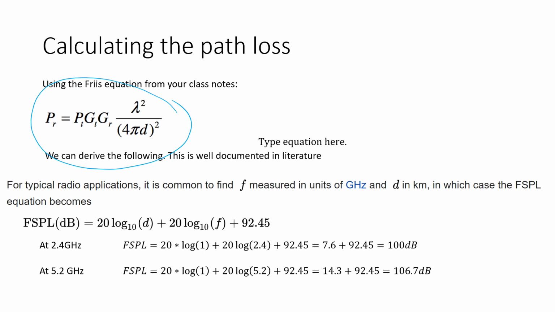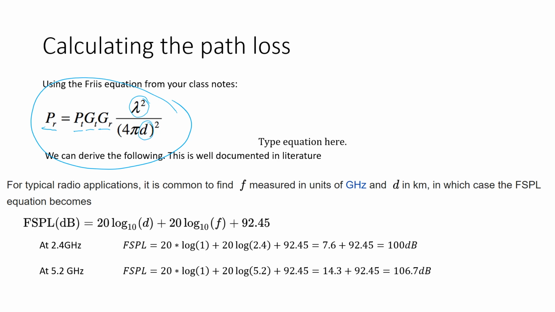Just very briefly explaining what those components are: PR is the power received, PT is the power transmitted, GT is the gain of the transmitter antenna, GR is the gain of the receiver antenna, lambda is the wavelength of the signal, and D is the distance between the two antennas.